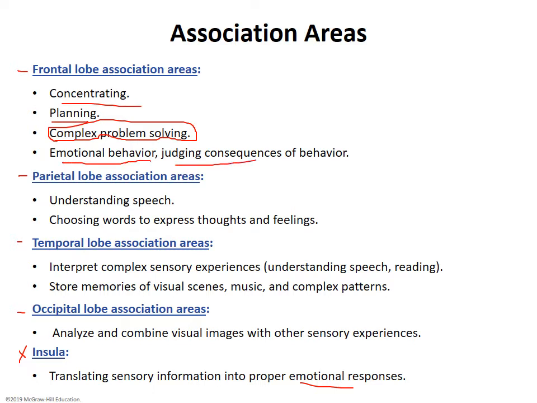This is where we judge the consequences of behavior. Another way of saying it, this is where our conscience is. This is where, if we're doing something, our brain's like, hey, you really probably shouldn't be doing that. That's the association area associated with the frontal lobe. So the big thing is definitely this complex problem solving and your conscience.